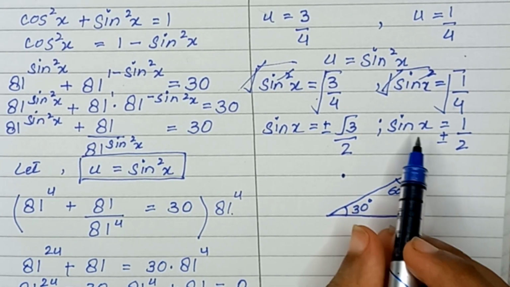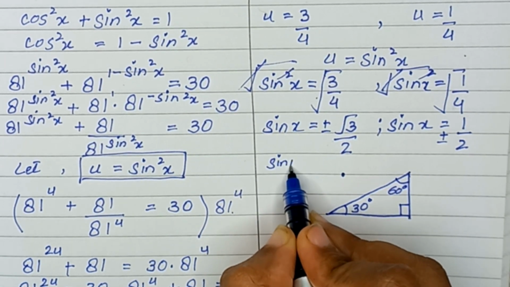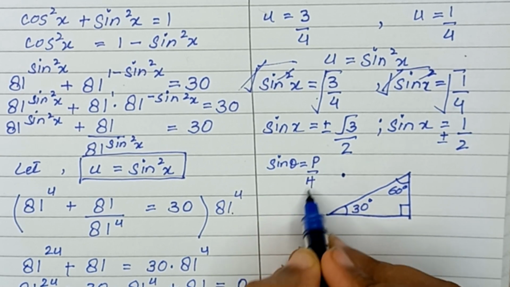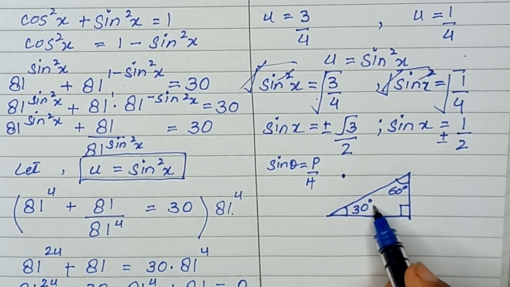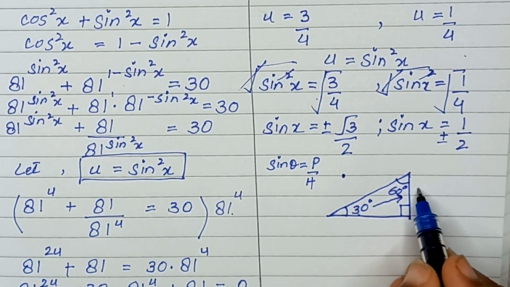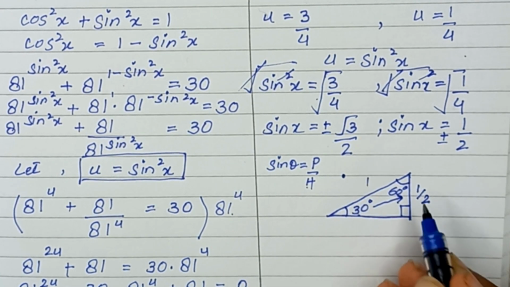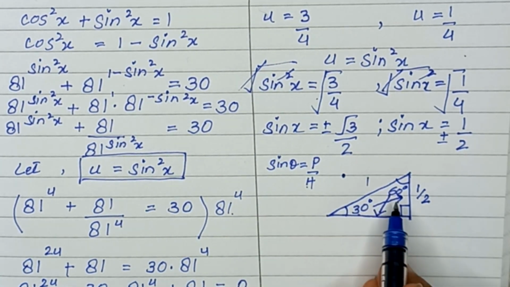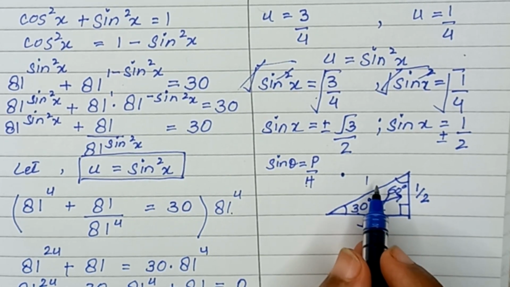So sine theta is equal to perpendicular over hypotenuse. Its perpendicular is its opposite side, which is 1 divided by 2, and the hypotenuse will be 1. Similarly, in this case for 60 degrees, it will be equal to square root of 3 divided by 2, and its opposite is 1.